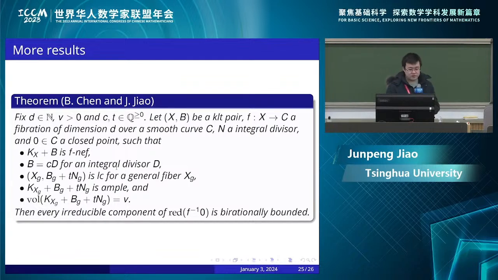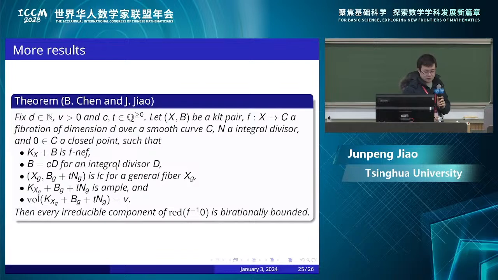In this theorem, fix a dimension d, a positive rational number c, and a non-negative rational number t. Let (X,B) be a klt pair with a fibration X to C of dimension d over a smooth curve, and B an integral divisor, 0 a closed point.